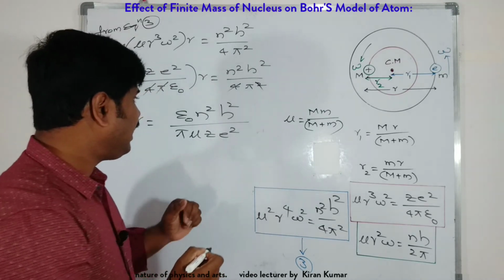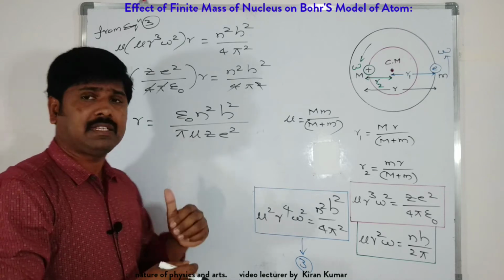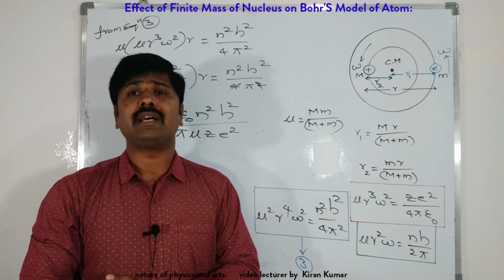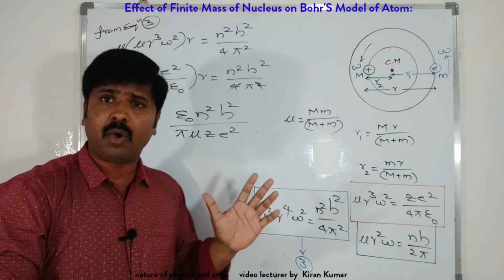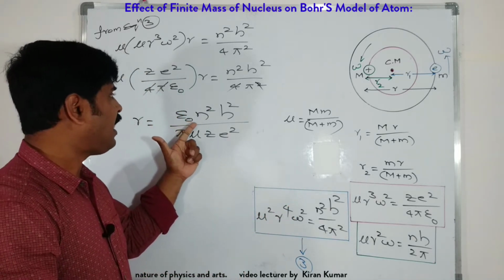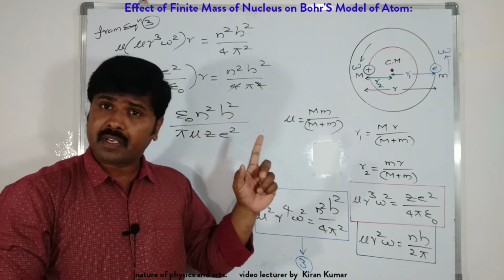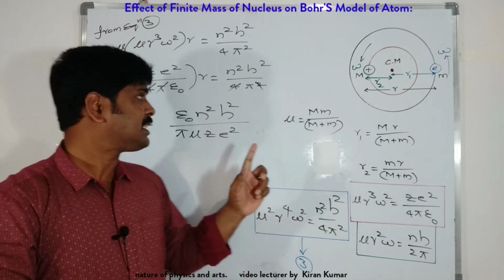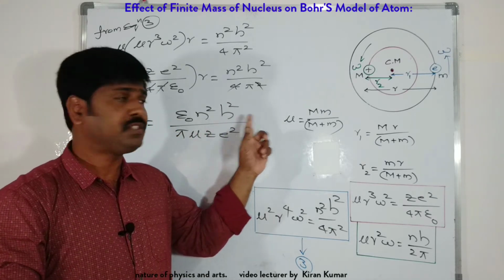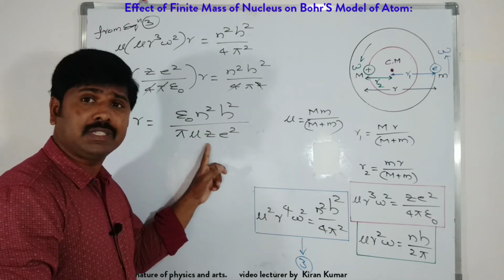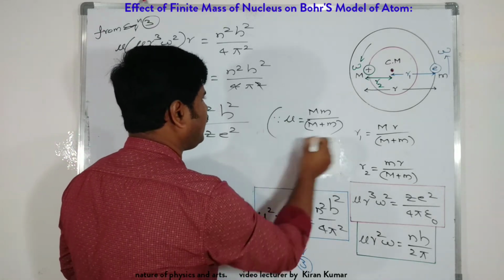But in infinite mass, instead of mu we write m, the mass of the electron. That is the only difference, the rest is the same. So r is equal to epsilon naught n square h square divided by pi m z e square for the infinite mass of the nucleus. For finite mass of the nucleus, r is equal to epsilon naught n square h square divided by pi mu z e square. Here the mu value is given, so please copy this.